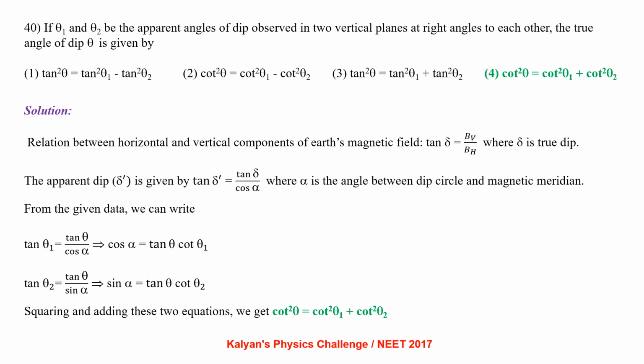In the second case we got sin alpha in the denominator because the two planes are at right angles to each other. So cos (90 minus alpha) will be sin alpha. Then squaring and adding on both sides, we get sin square alpha plus cos square alpha equal to 1 on the left hand side. So we get the formula as cot square theta equal to cot square theta 1 plus cot square theta 2.